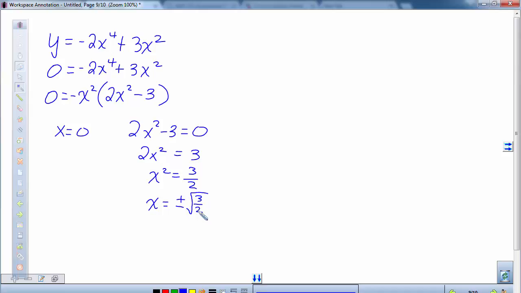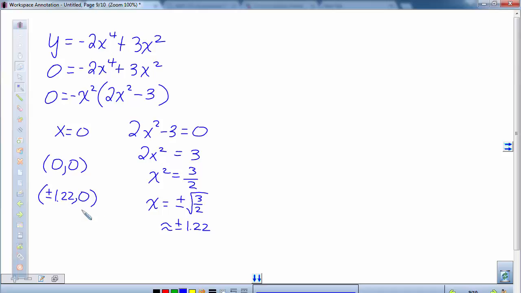Okay, so approximately plus or minus 1.22. So those are a couple of points that we're going to have on our graph. We already know we're going to have a point at 0, 0, because we said y was equal to 0, and we saw for x it was also 0. And then we're going to have 2 additional points at plus minus 1.22, comma 0.